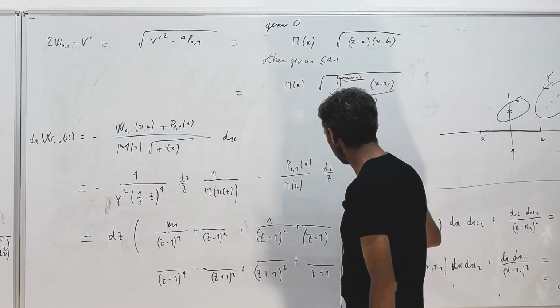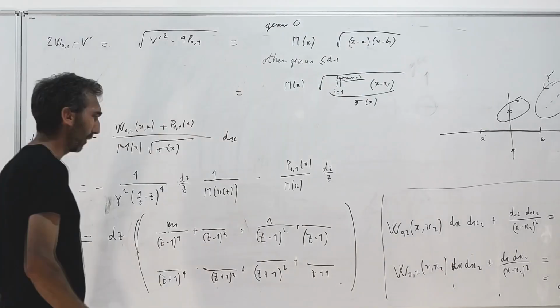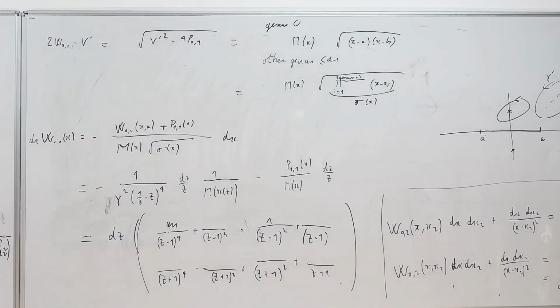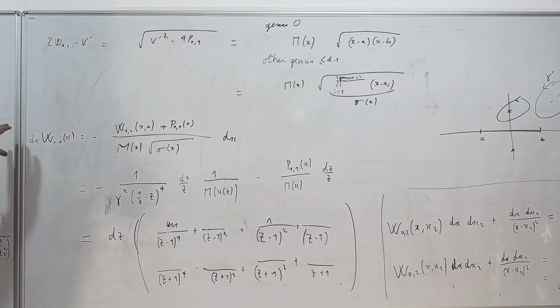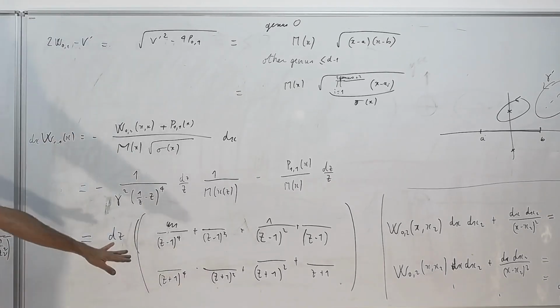We cannot have constant terms because it must go like 1 over z squared at infinity. So basically the shortcut that I told you that we are going to take is just that. Identify where the poles can be. The only poles can be there.